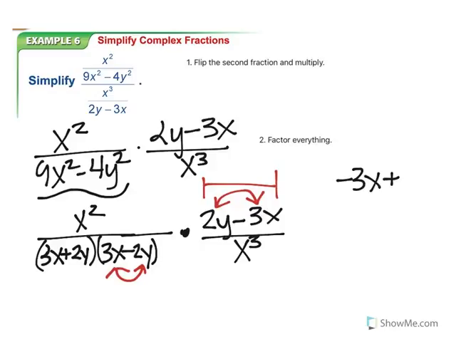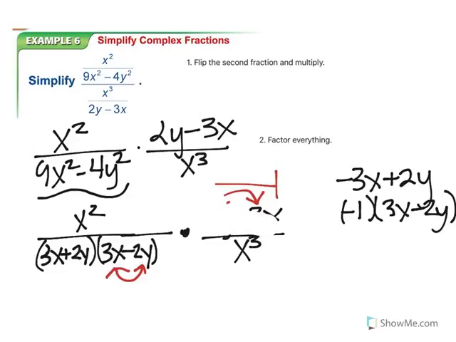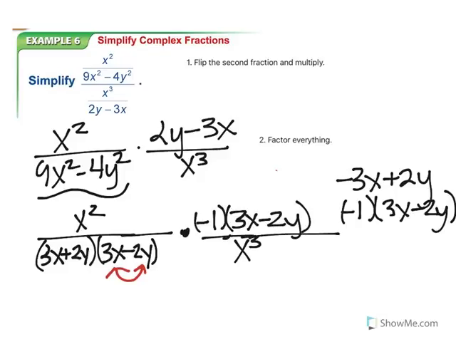So I'm going to flip it around: negative 3x plus 2y. If we factor out a negative 1, that's going to give us 3x minus 2y. Alright, so I'm actually going to rewrite this top as negative 1 times 3x minus 2y.